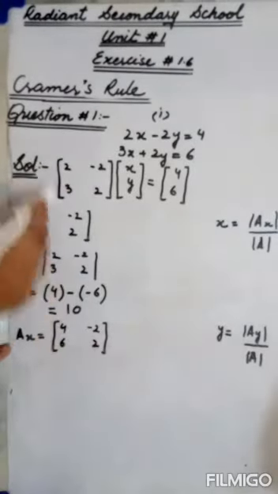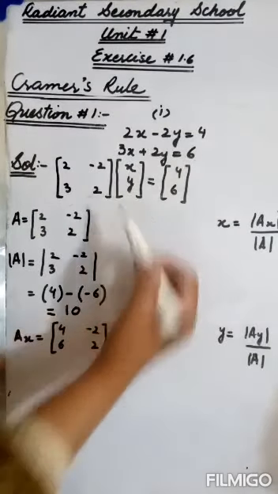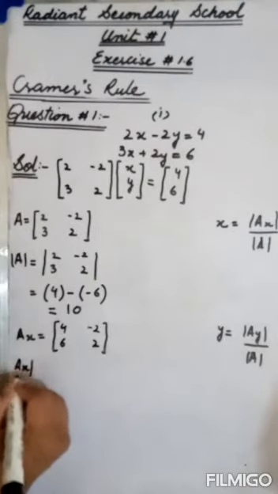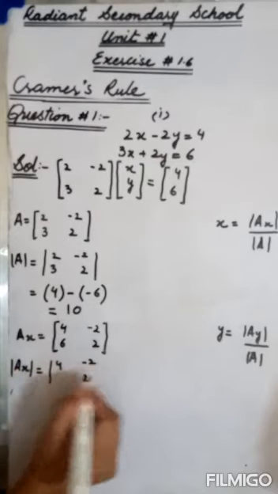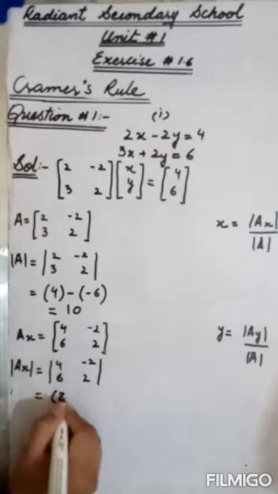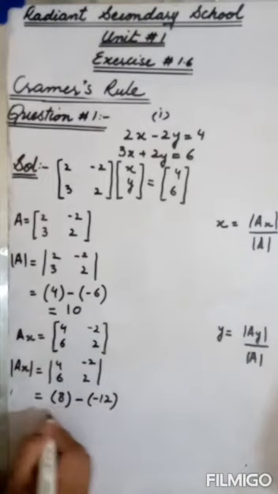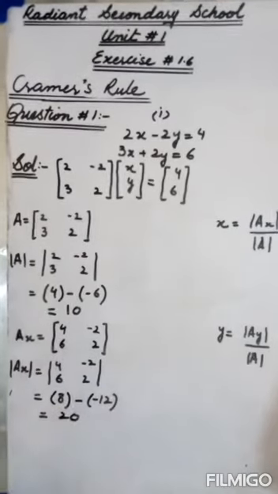In the first column we will write the B matrix, and the second column will be as it is in Ax. Now we will find its determinant. The determinant will be the product of diagonal entries, 8, minus the product of non-diagonal entries. It will be 8 minus minus 12, which is 20.